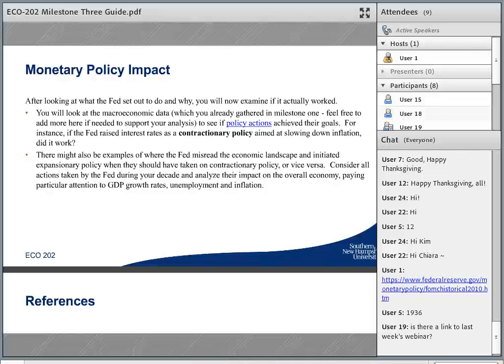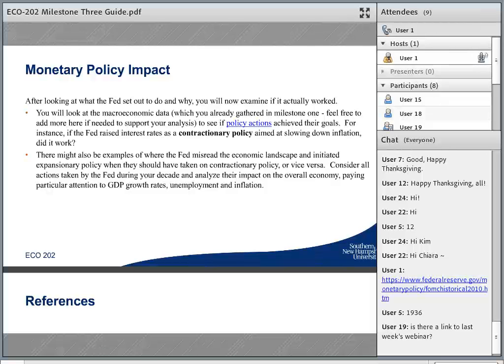So if the effect was to control inflation, did it indeed control inflation? If the effect was to boost GDP, then did it boost GDP? If the effect was to decrease unemployment, did it decrease unemployment? And then you can talk about why or why not.